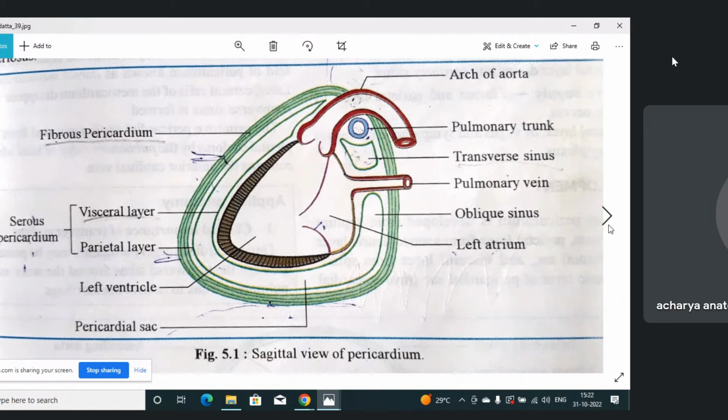Okay. Next point. Inside of the fibrous pericardium, there is the presence of serous pericardium. Serous pericardium has two layers.